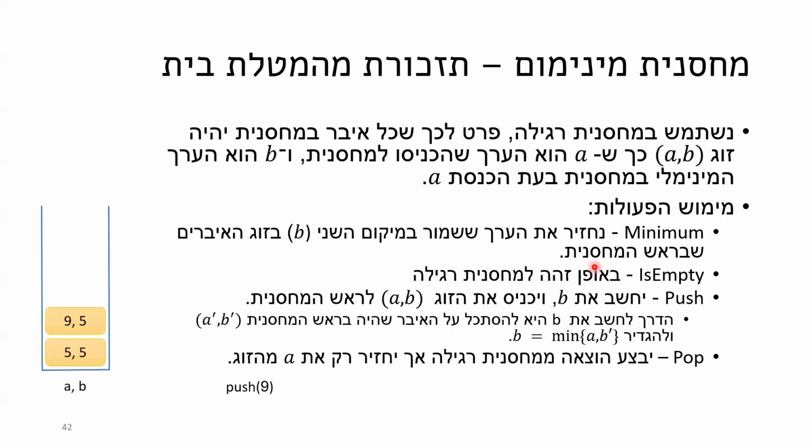Let's say this is A and B. Here you can see that this is the element we inserted, and this is the minimum up until this point.